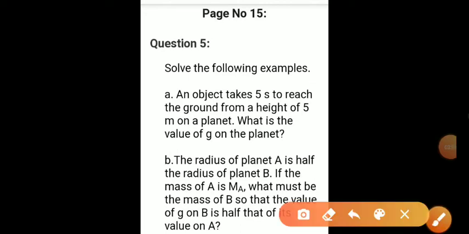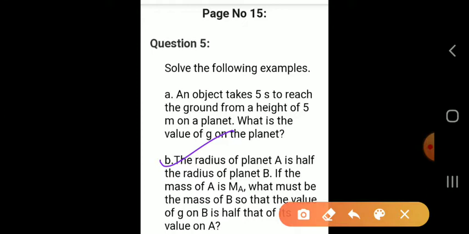Here we can see children, this is our second question. The radius of planet A is half the radius of planet B. If the mass of A is ma, because it is the mass, so it's taken as m, and it is for the planet A, so it is ma.